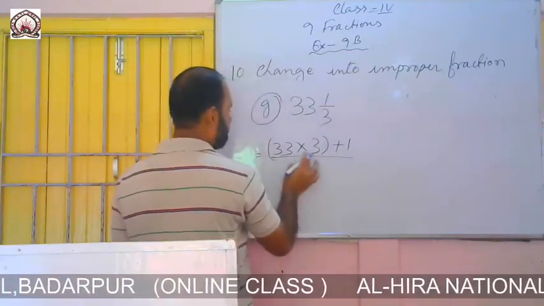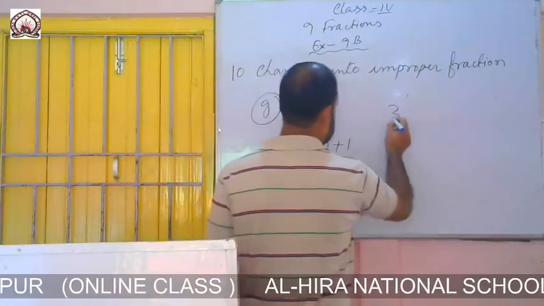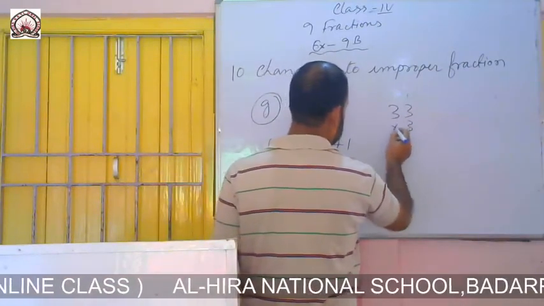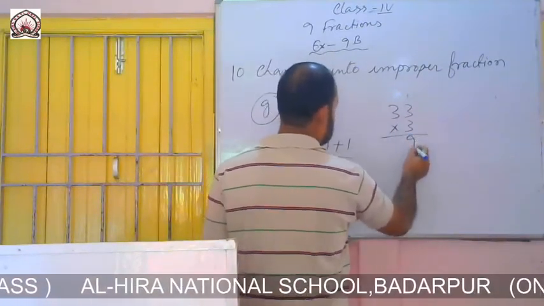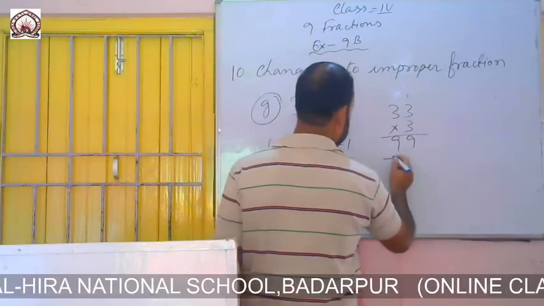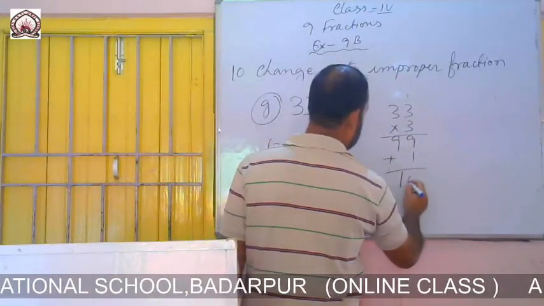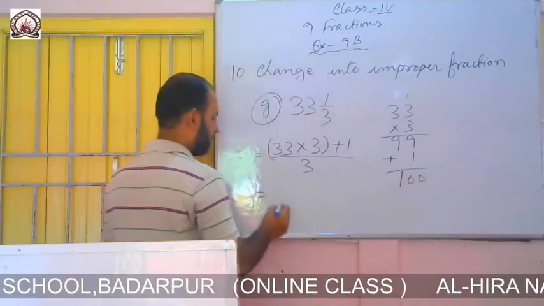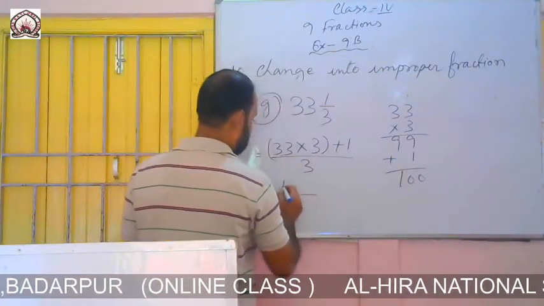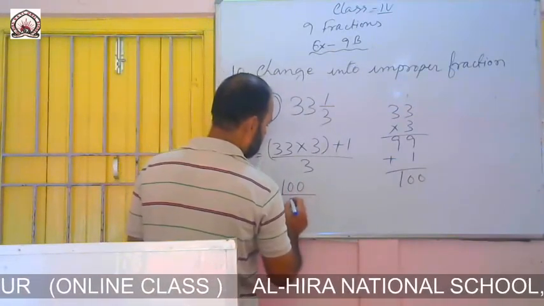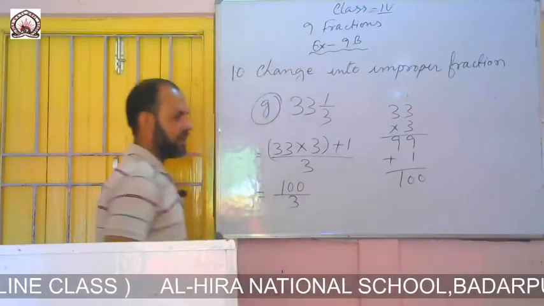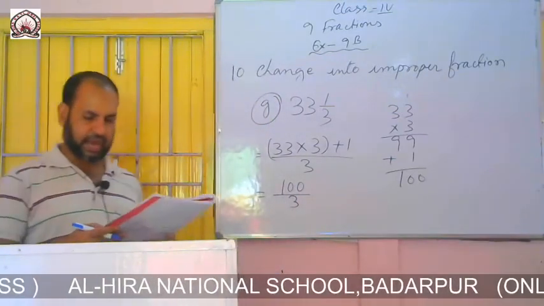So 33 threes are 99, 99 plus 1 equals 100. So the answer is 100/3.